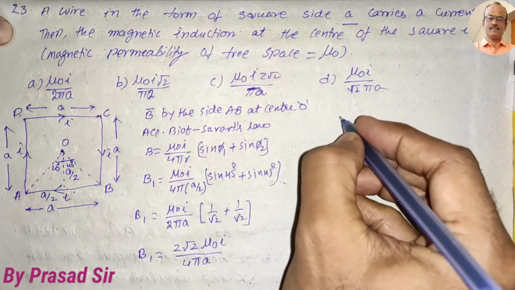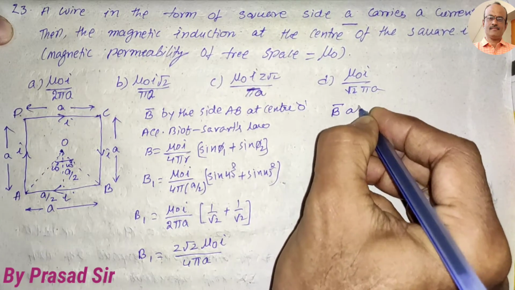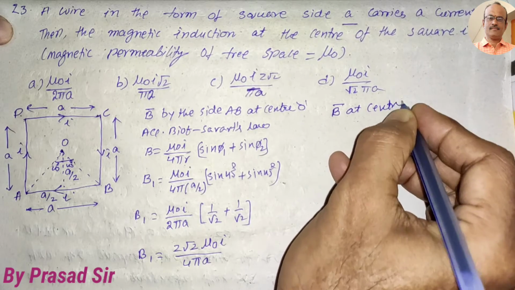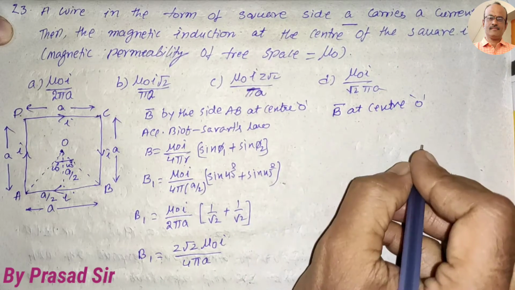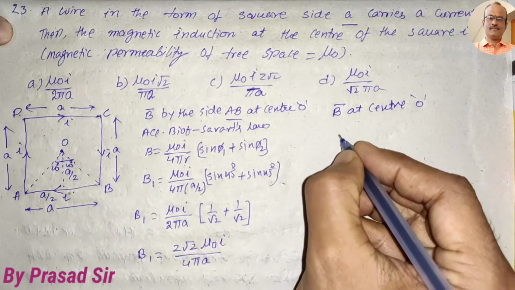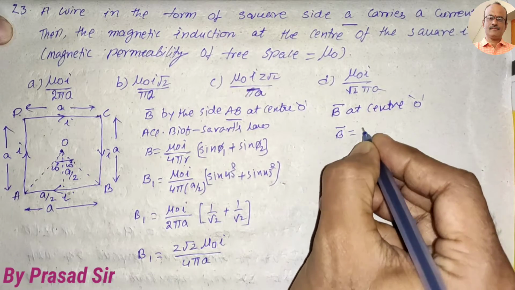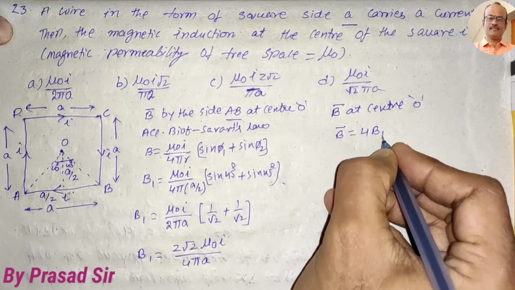But what do we want to calculate here? The magnetic field of induction at center O from all the sides. From all the sides means that we take B is equal to 4 times B1.